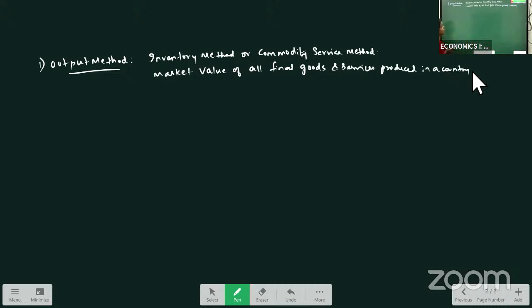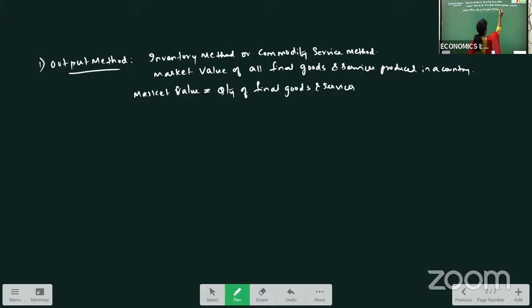How will we get the market value? Market value is equal to quantity of final goods and services multiplied by price.